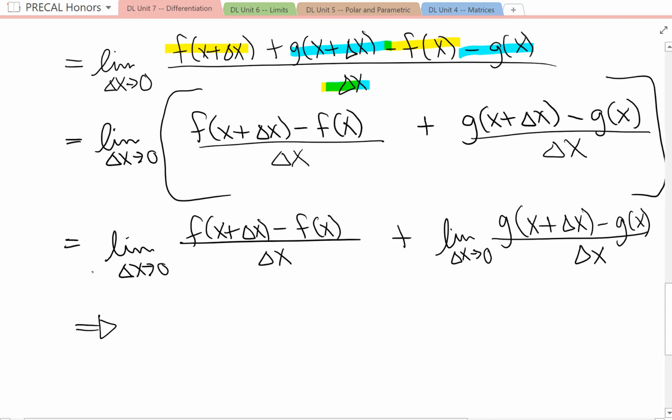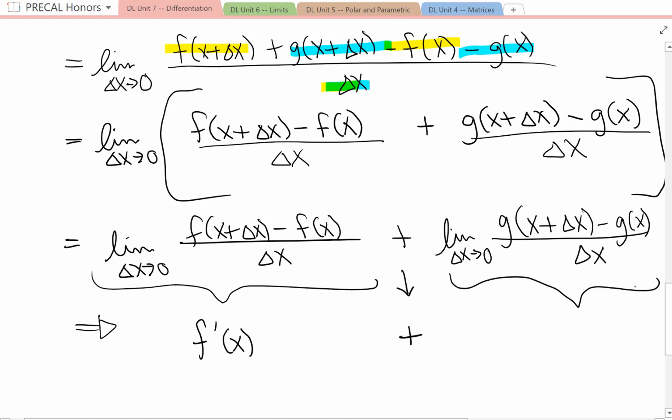This right here is the derivative of f with respect to x. So this right here is f prime of x. It's being added to the derivative of the function g of x, so g prime of x.